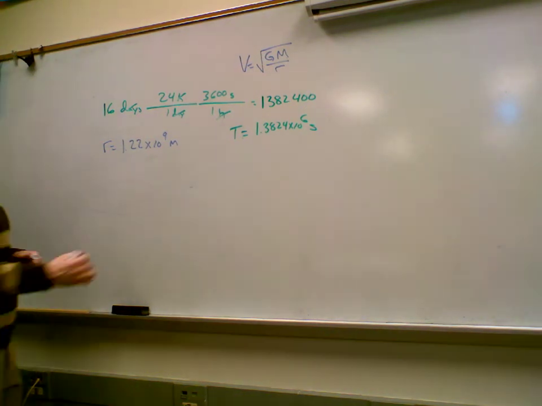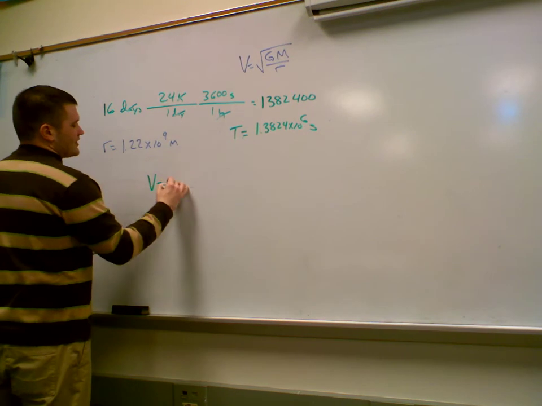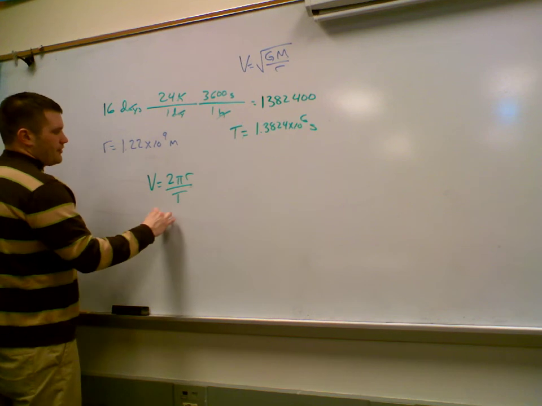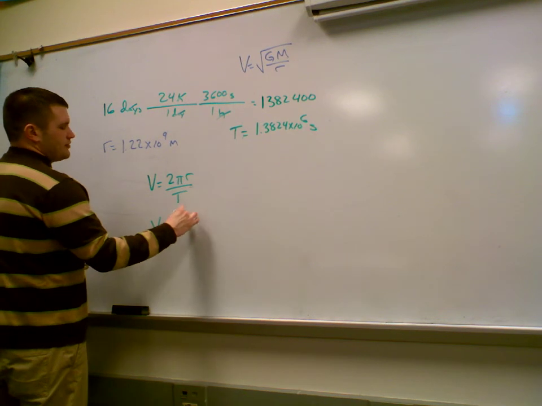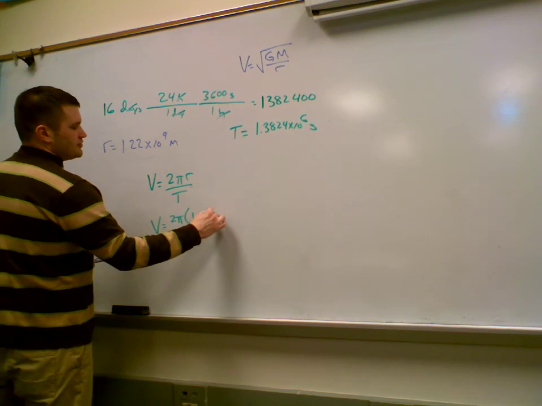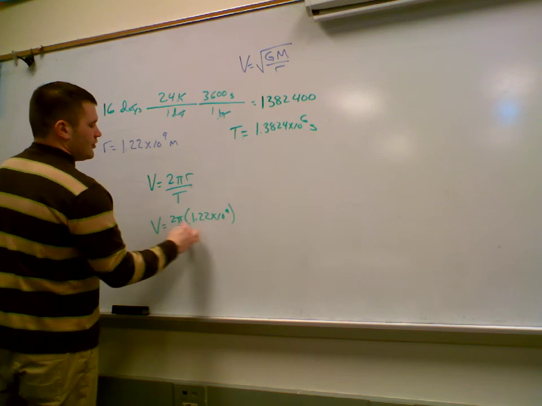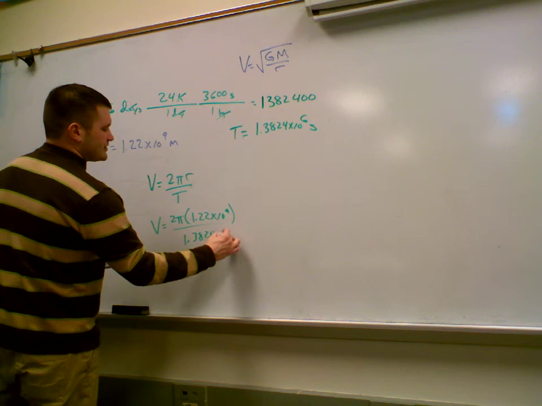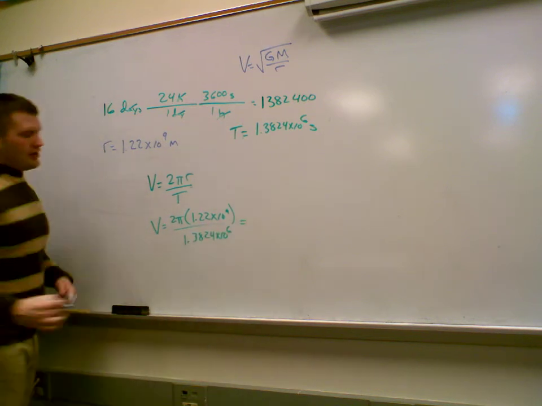The velocity. So v equals 2 pi r over T, so v equals 2 pi times 1.22 times 10 to the 9th over 1.3824 times 10 to the 6th.